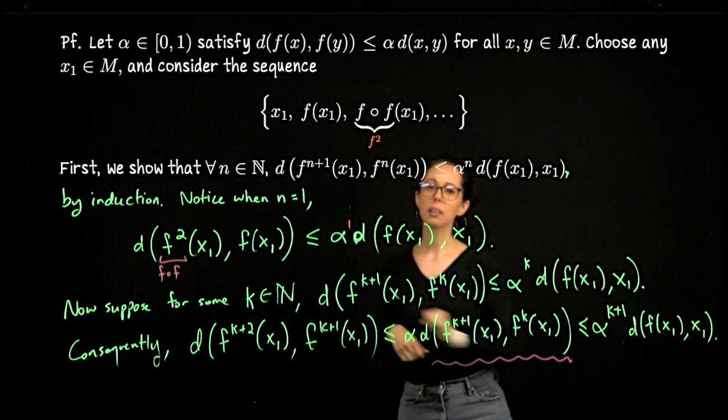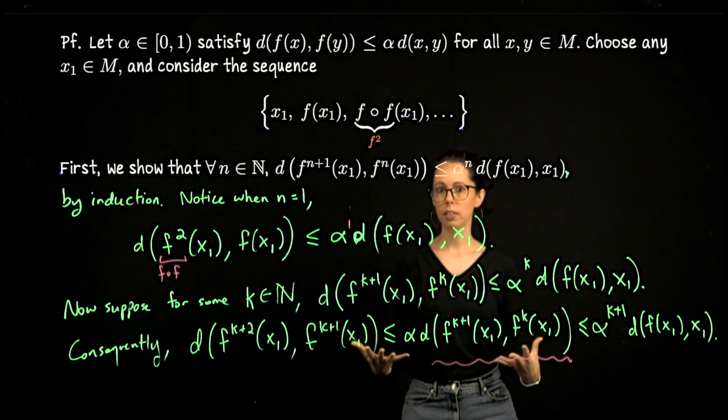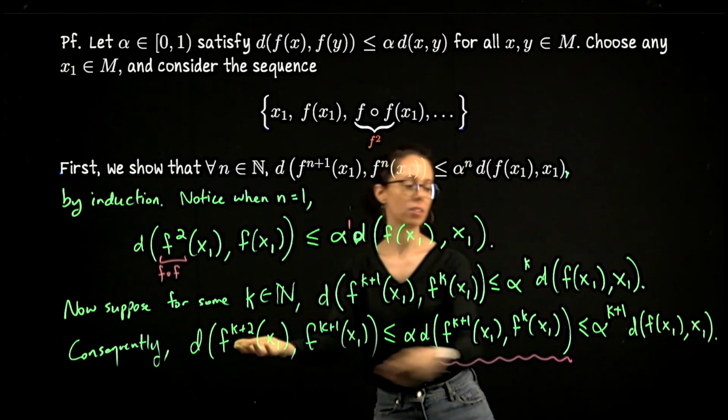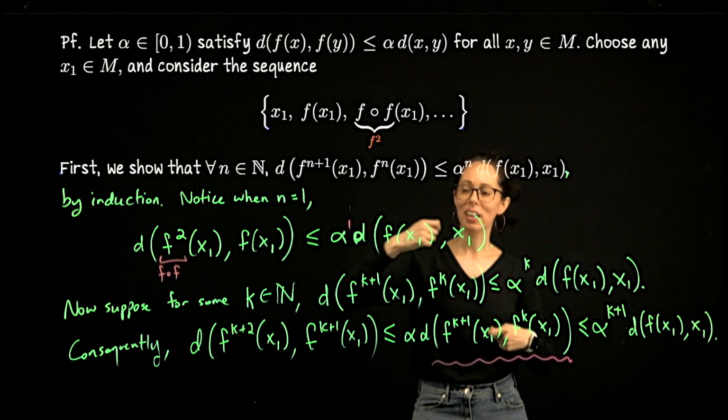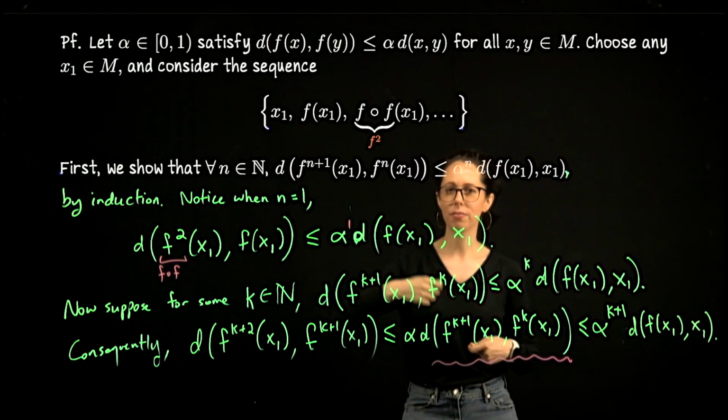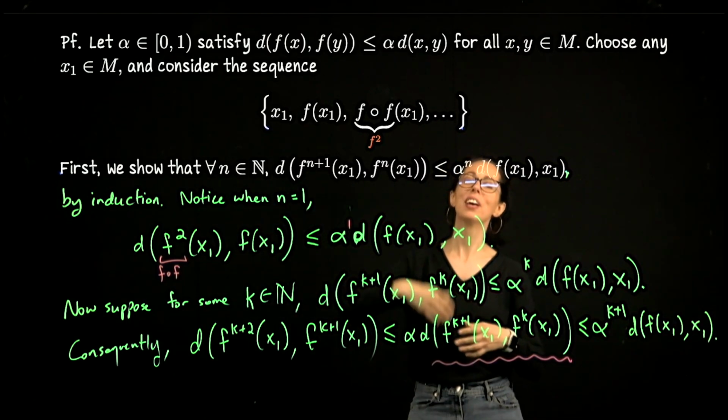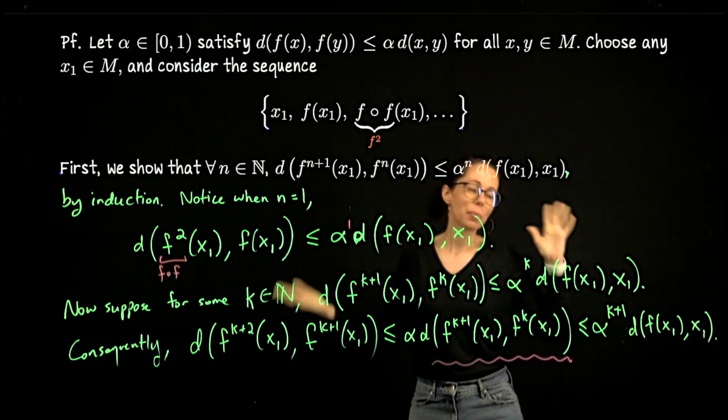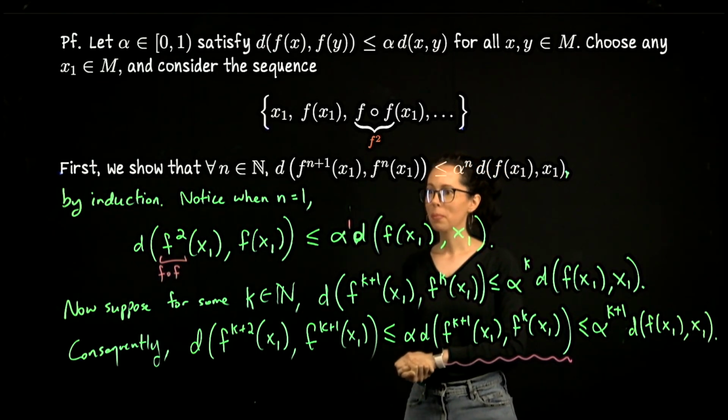So it doesn't have to be done with formal induction. You can get from this to this statement by just recognizing it as iterative compositions of a contraction. But I wanted to bring in a proof by induction, so here we are.